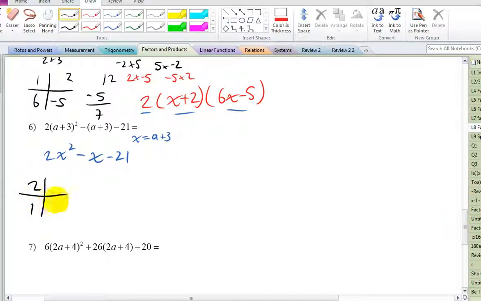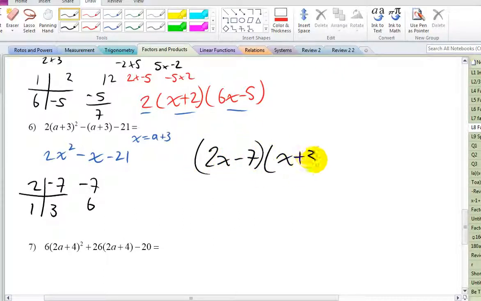2 and 1. So I'll go 3 and 7. 7 and 6. This will be negative, so negative 7. So my factors are 2x minus 7 times x plus 3. Now what I have to do is take my x equals a plus 3 and substitute back in for x.